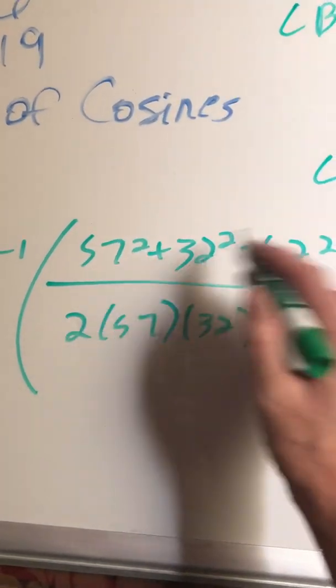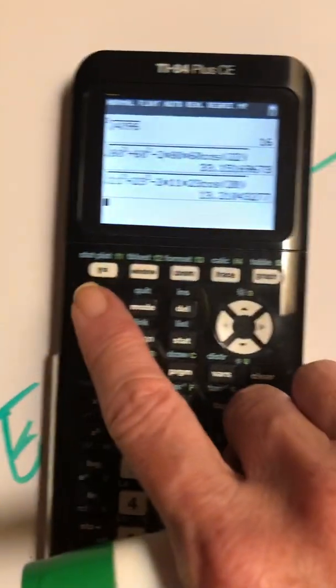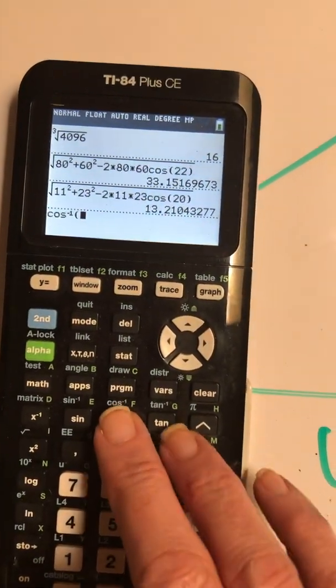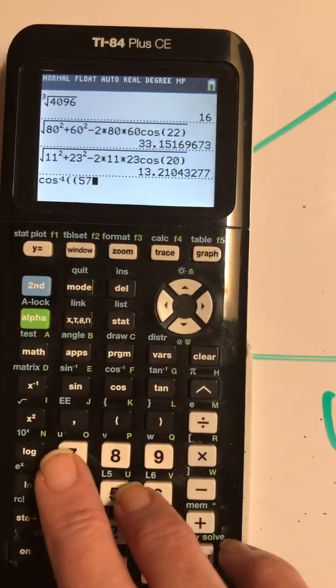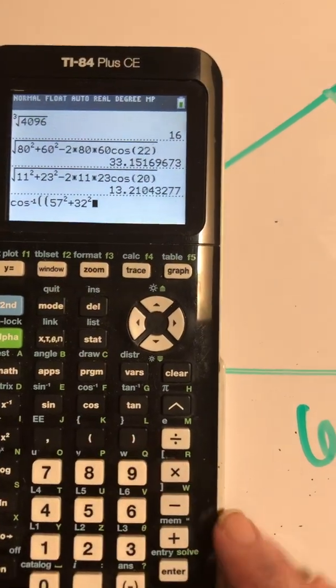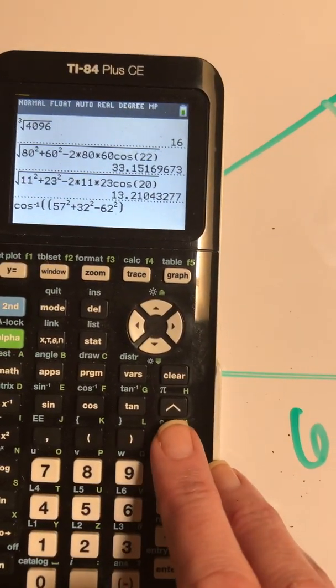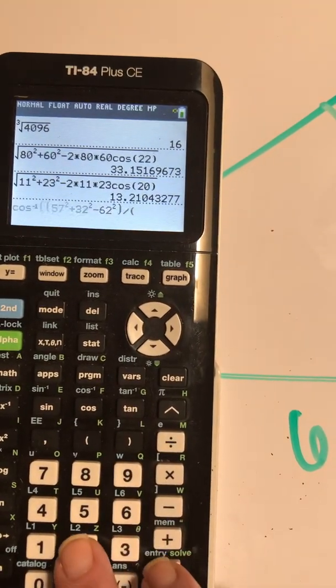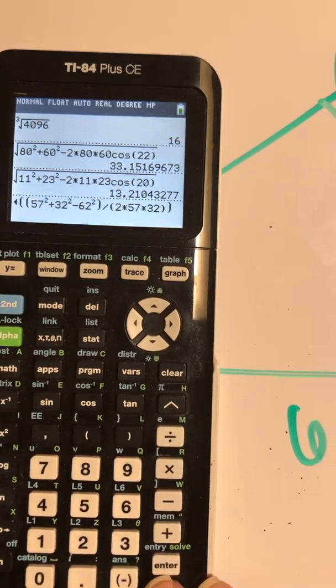You've got to do some extra parentheses around the numerator and the denominator. So second cosine, start a new set of parentheses, put in the numerator 57 squared plus 32 squared minus 62 squared, close parentheses, divided by open parentheses, 2 times 57 times 32, close, close.